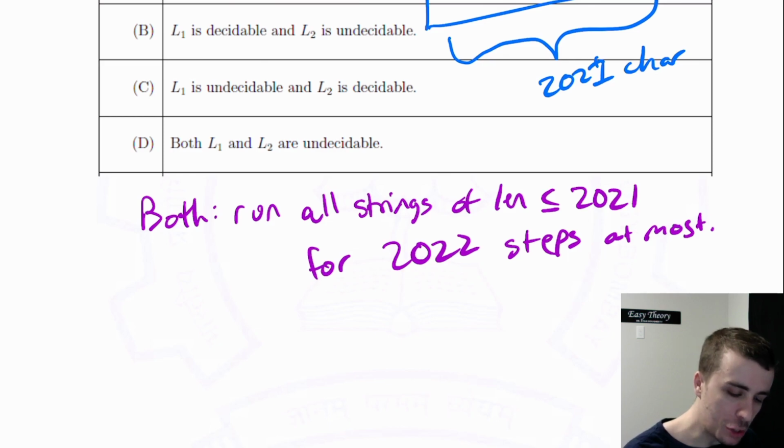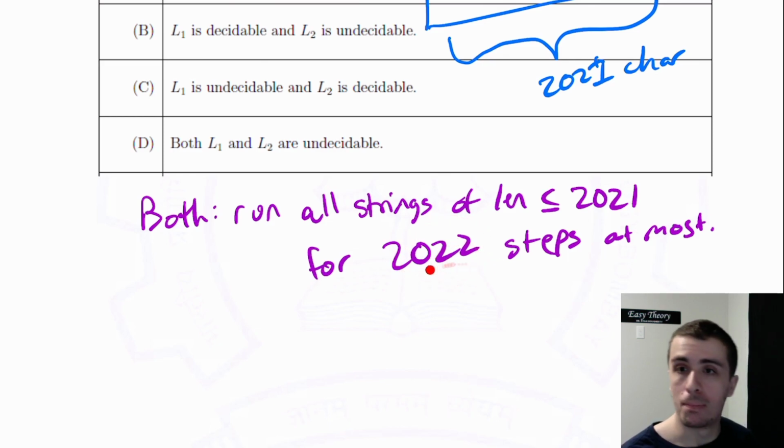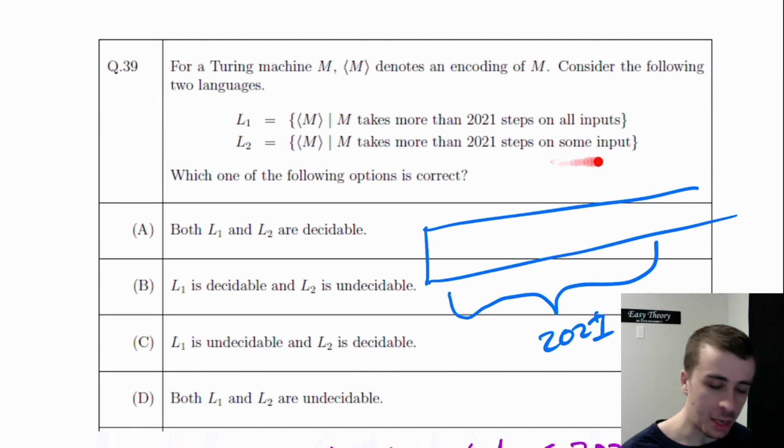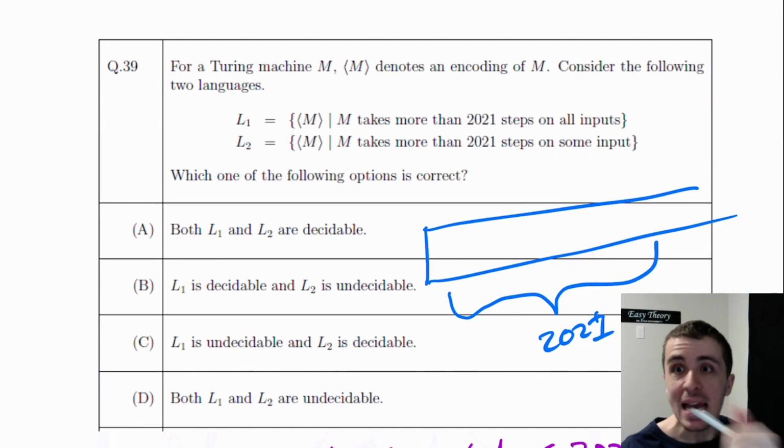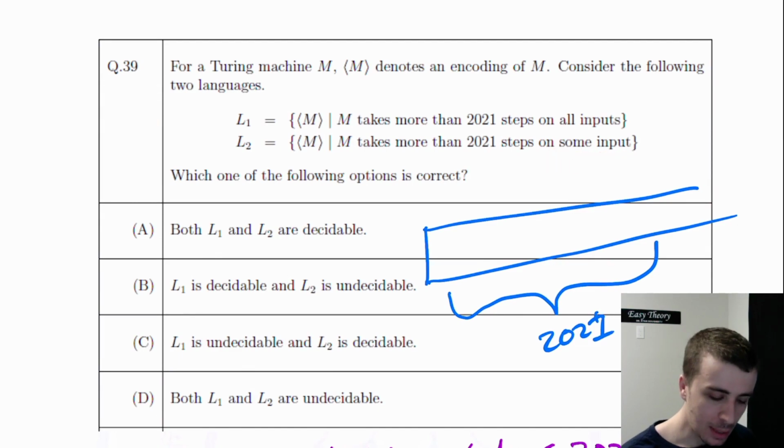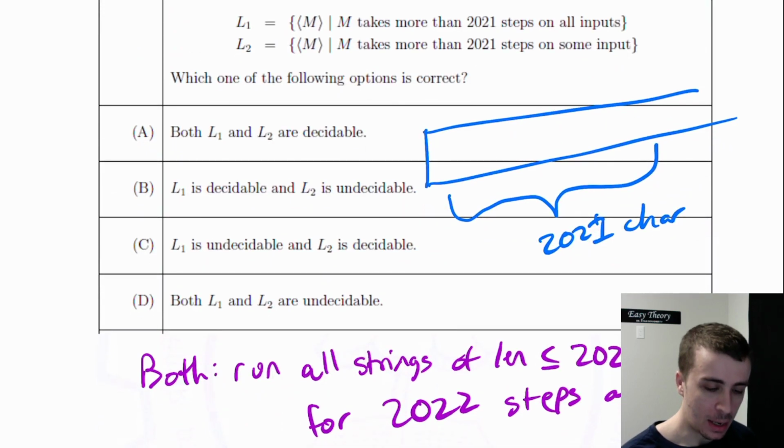So if any string took more than 2022 steps, or longer, then the answer for the some-input version is going to be yes, because that means some input took at least this length.